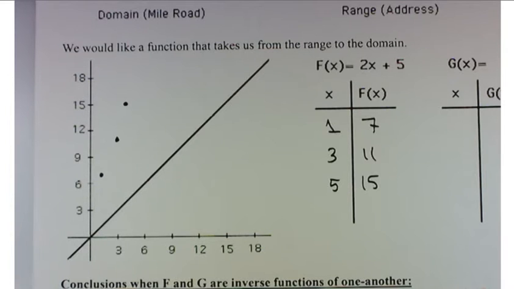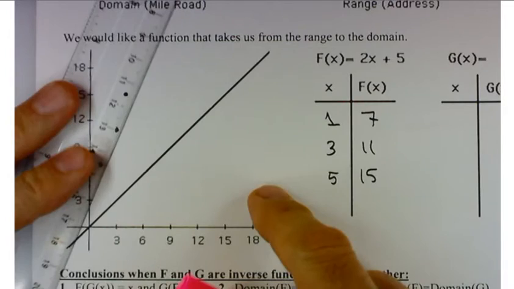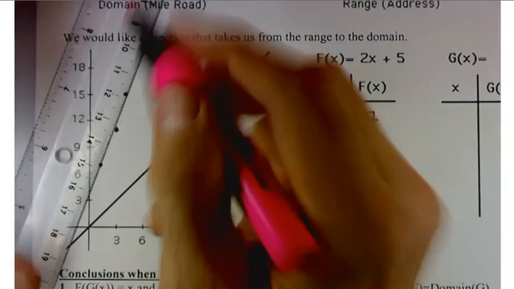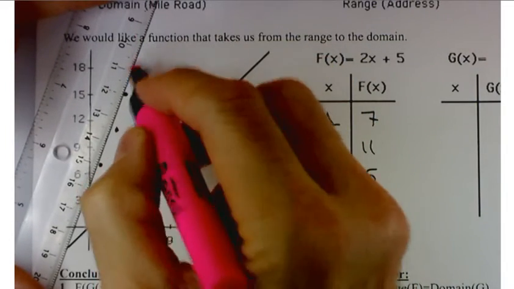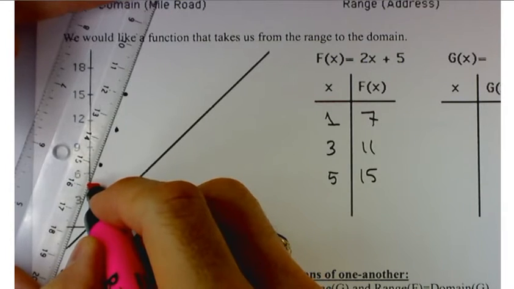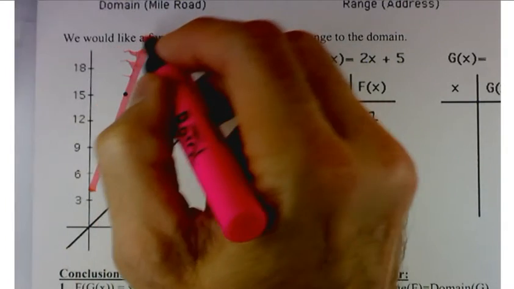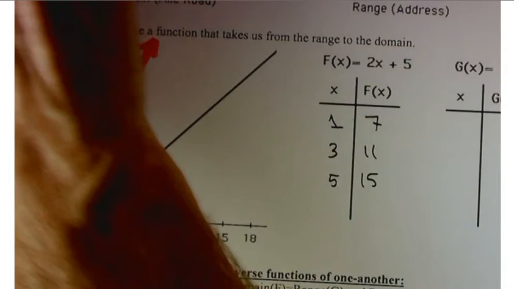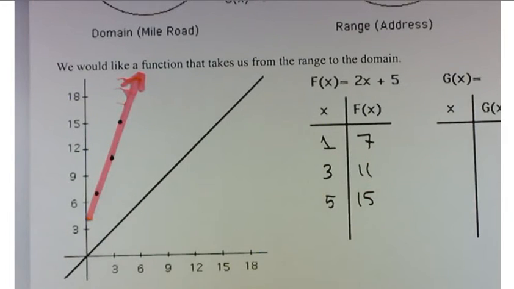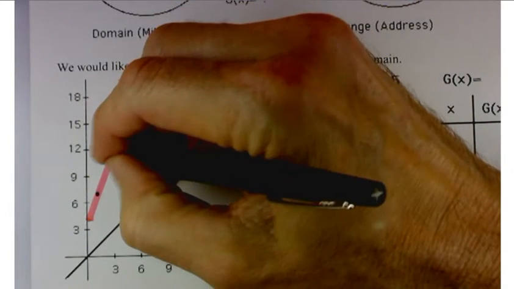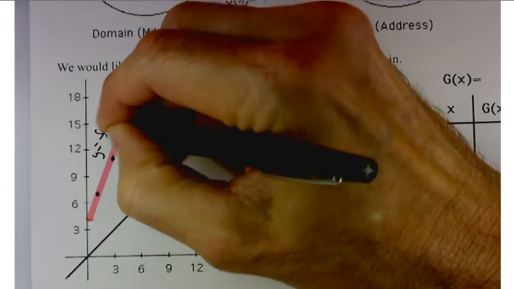But we're going to get a nice graph of our function. I regret grabbing the ruler because it shows that I didn't exactly draw a straight line. That's okay. We get something like that. So that's our function. Call it f. y equals f of x.